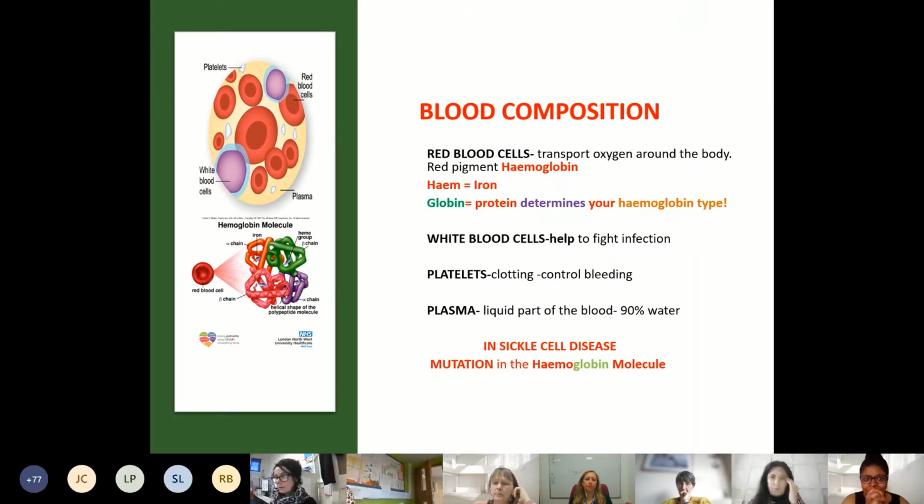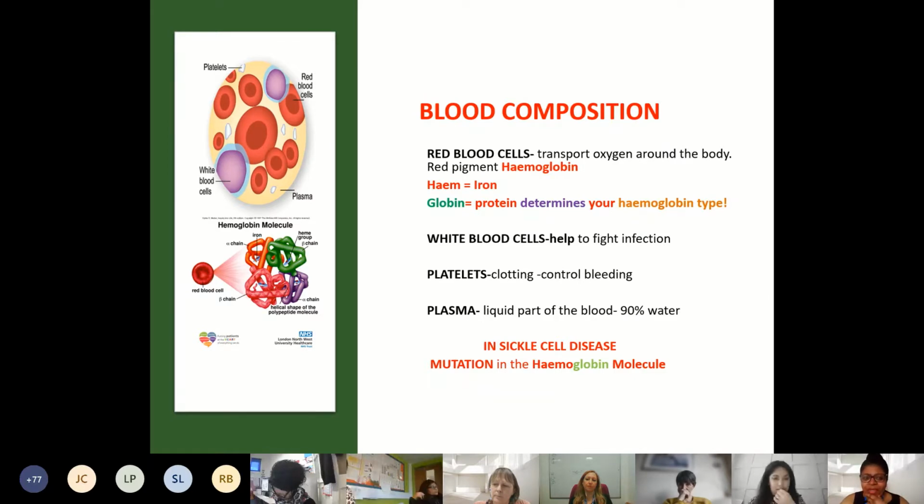Looking at the picture at the very top, there are white blood cells as well. They're fewer in number, but they do a good job helping to fight infection. We've got platelets, necessary for clotting and controlling bleeding, and the plasma, which contains everything and is the water that constitutes the blood, 90% water.